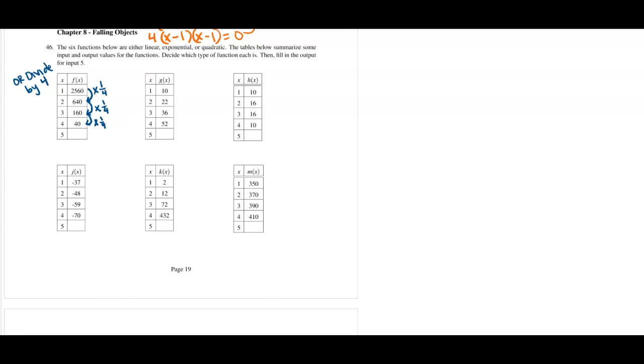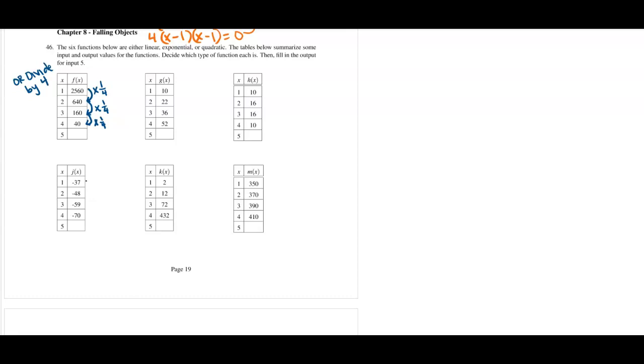Would it be linear? So it's not linear. What are we doing when it's linear? Well, let's come back to this then, okay? We're not going to answer the question quite yet. Let's look at maybe some other ones here and see if we can figure out which one's which.